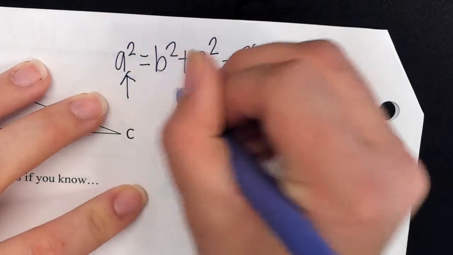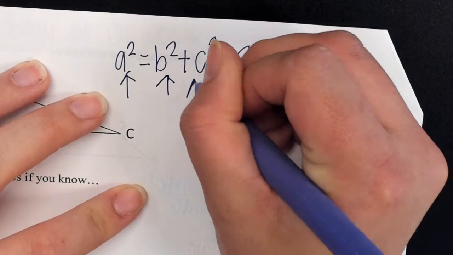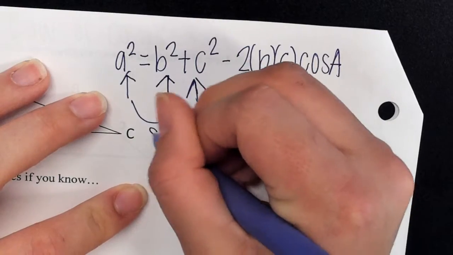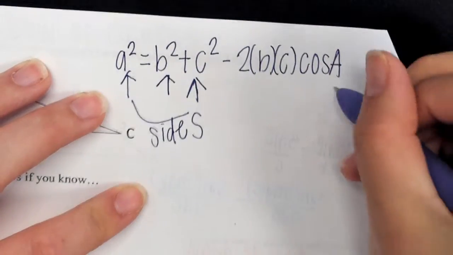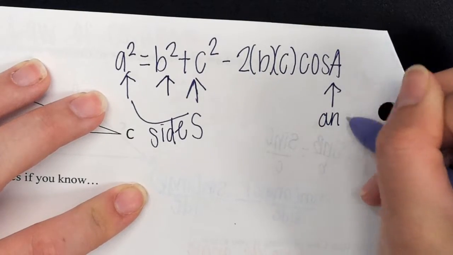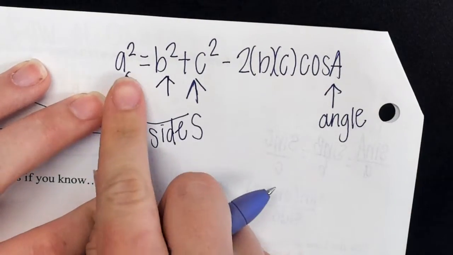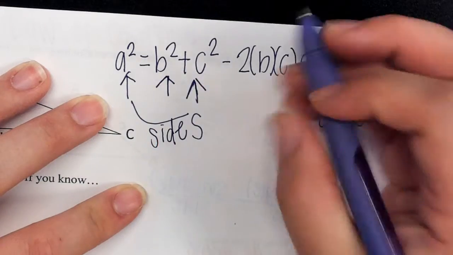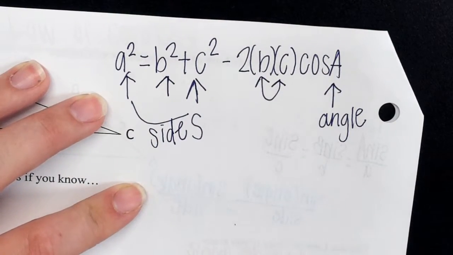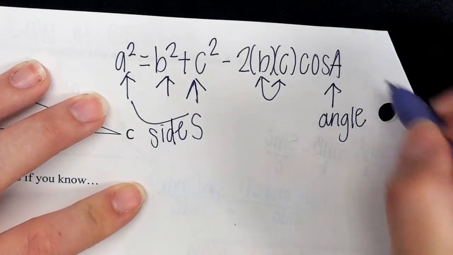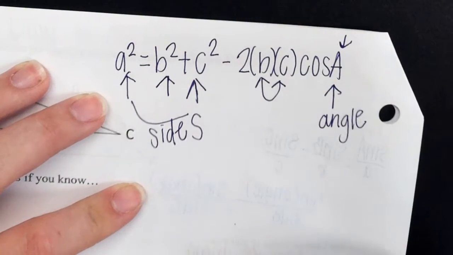So A, B, and C, lowercase a, b, and c, and even these two lowercase b and c right here, those are always going to be sides. The only angle you'll ever plug in only goes right here.